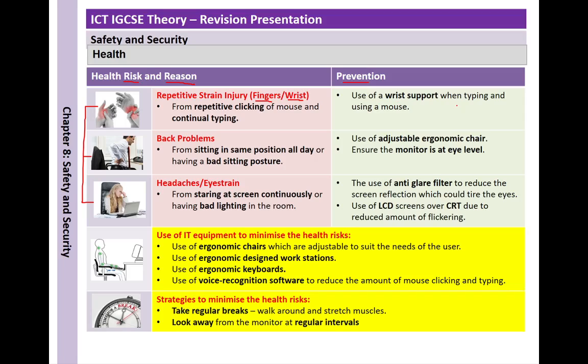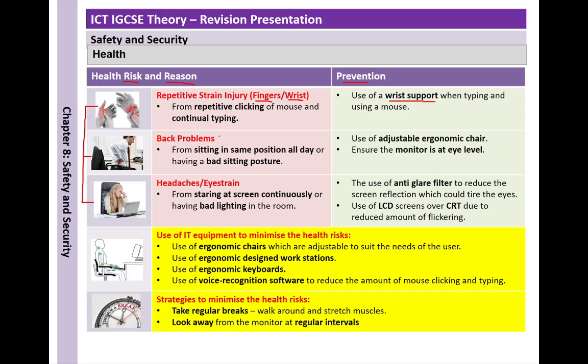How can we prevent it? By having a wrist support or a mouse pad, by typing using what we call an ergonomic keyboard, which is more expensive but really very comfortable when you type on it, or by having breaks.